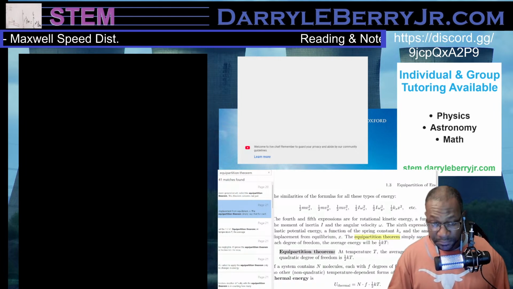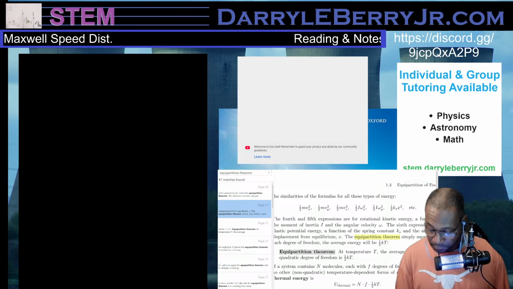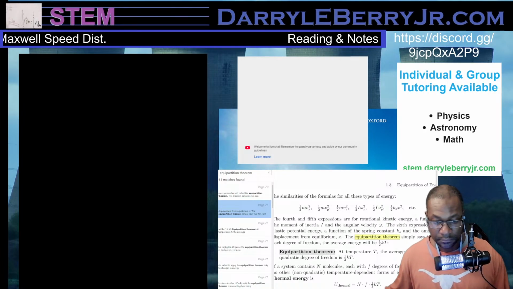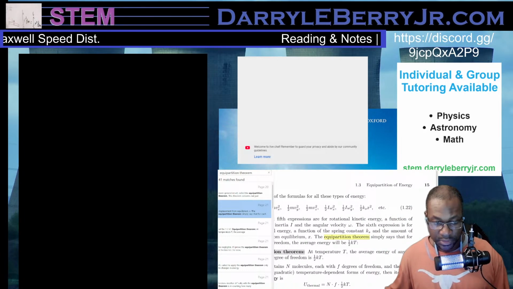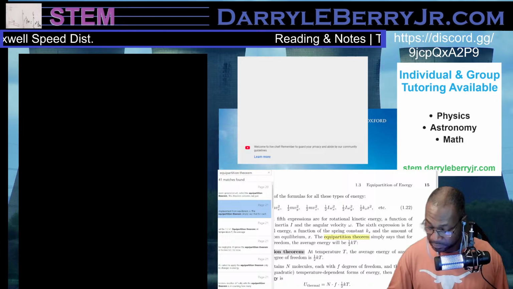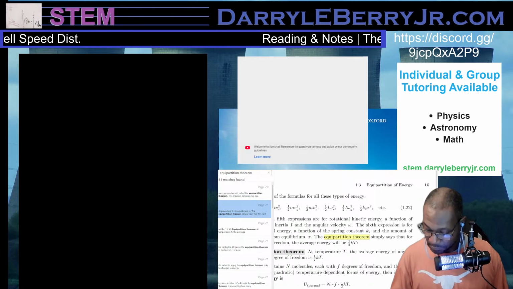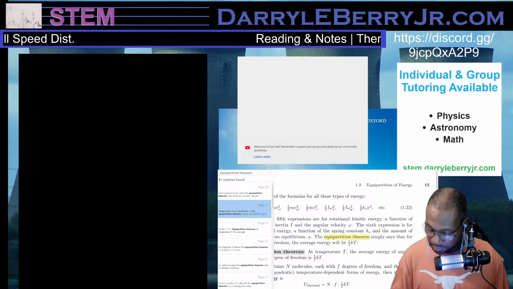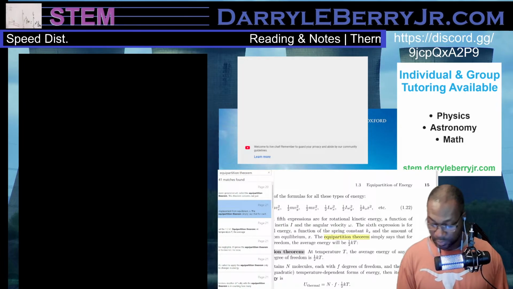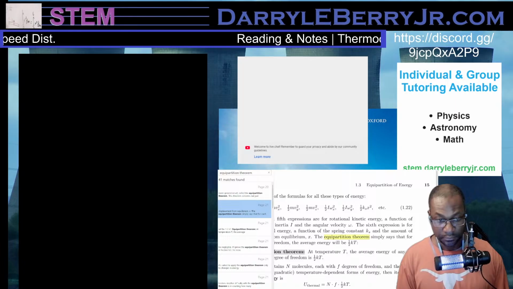Oh, and it's big N. There's equation 1.23. That's thermal energy. U thermal is N f over 2 kT.